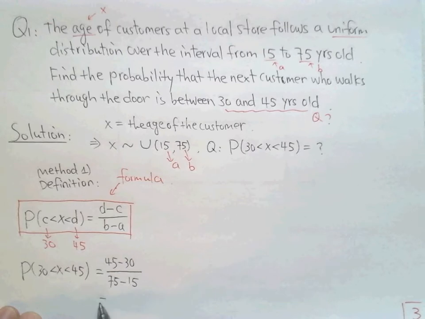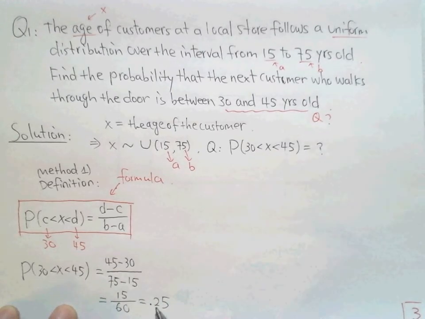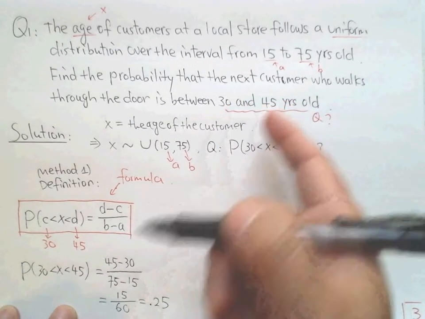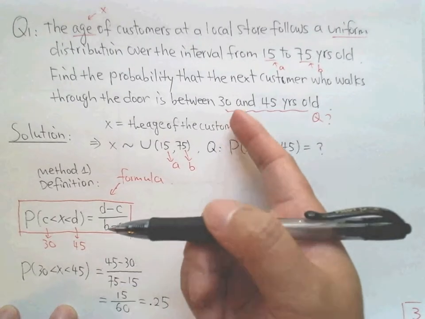It's not difficult. Now the calculation: 15 on the top divided by 60 on the bottom, which is 0.25. What does it mean? The chance is 25% that the next customer will have an age between 30 and 45.